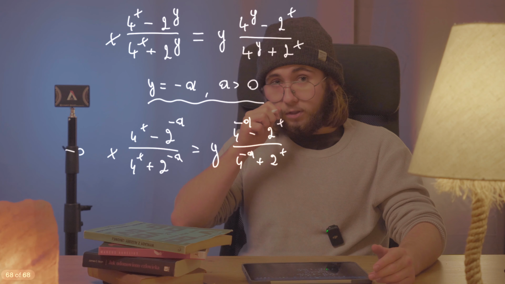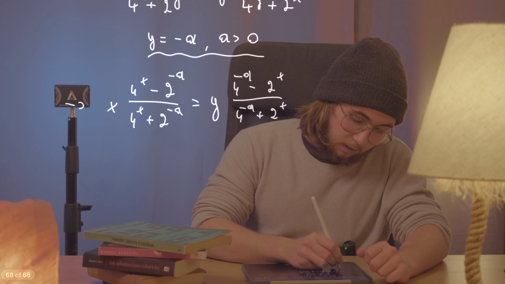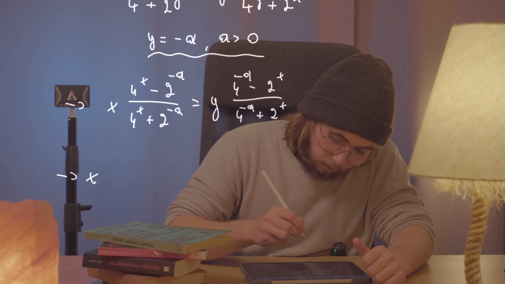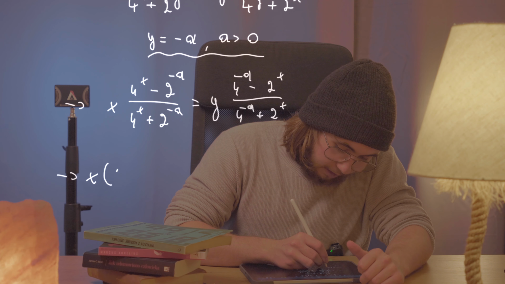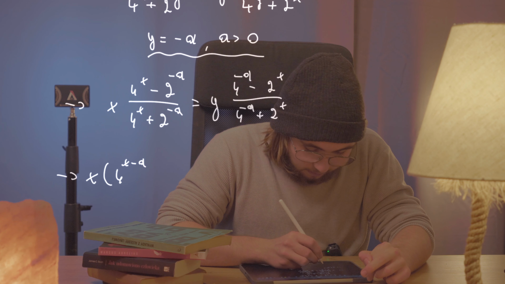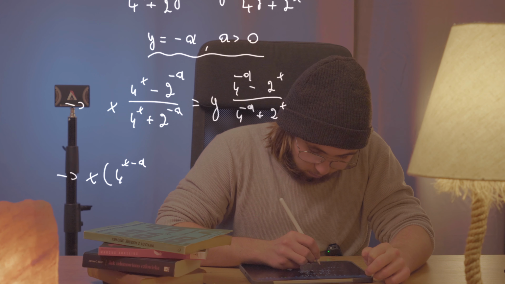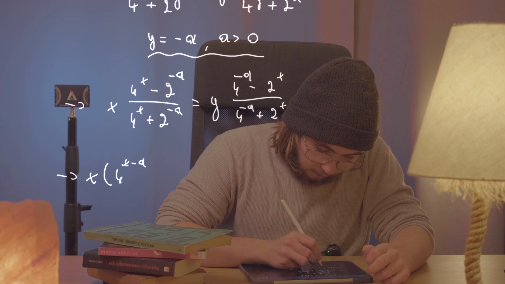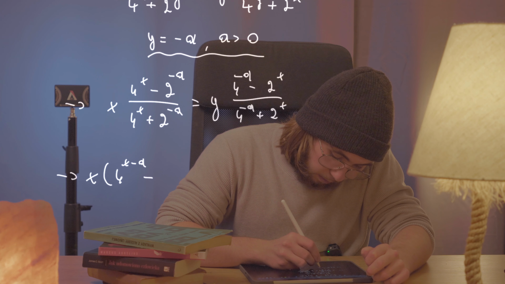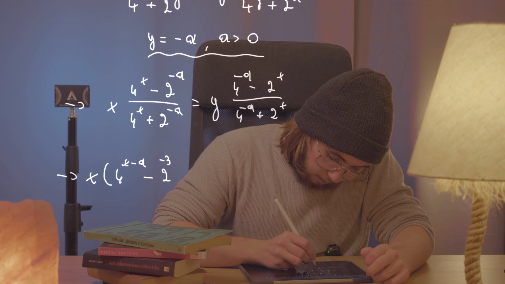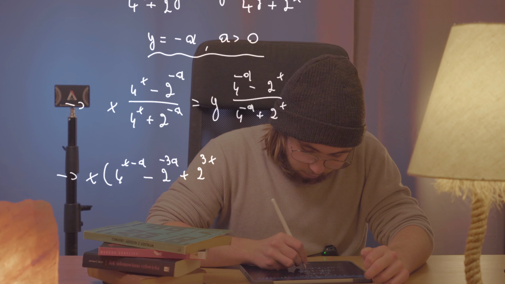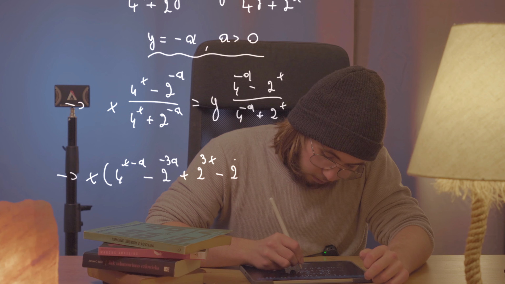And then we do the same thing as we did earlier, so just go on and distribute, cross-multiplying those denominators, where what we're gonna get is x multiplied by 4 to the x minus a, minus 2 to the power of triple the negative a, then plus 2 to the power of triple the x, and then minus 2 to the power of x minus a.